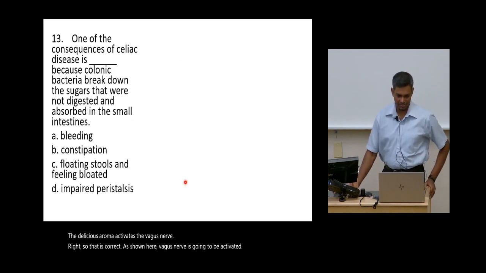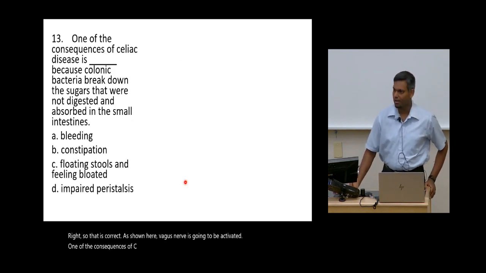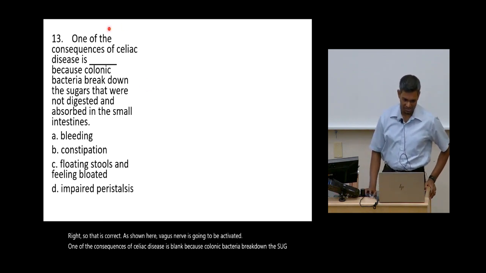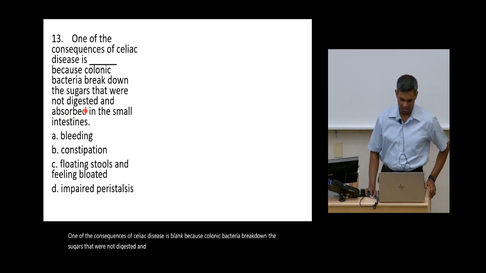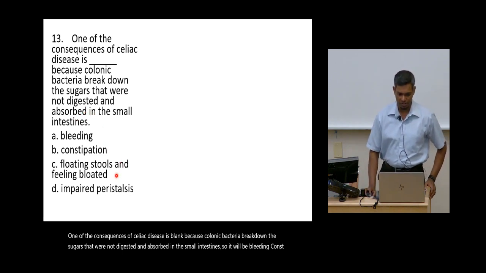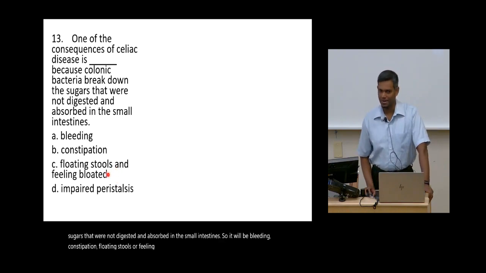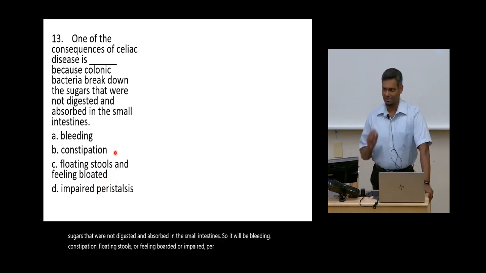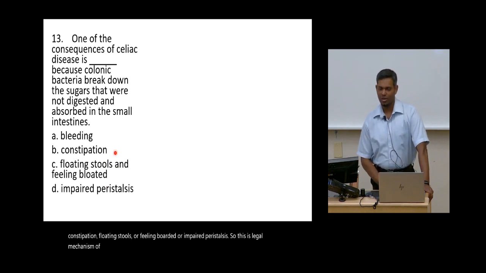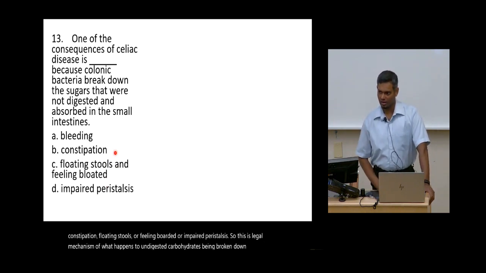One of the consequences of celiac disease is blank, because colonic bacteria break down the sugars that were not digested and absorbed in the small intestines. So would it be bleeding, constipation, floating stools, or feeling bloated or impaired peristalsis? So this is linking the mechanism of what happens to undigested carbohydrates being broken down in the large intestine.